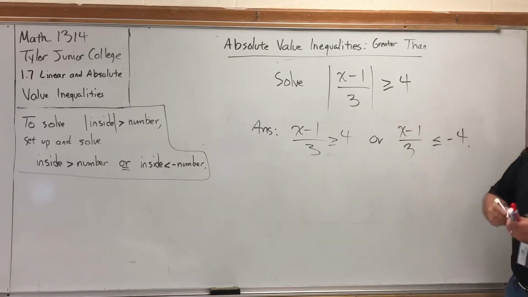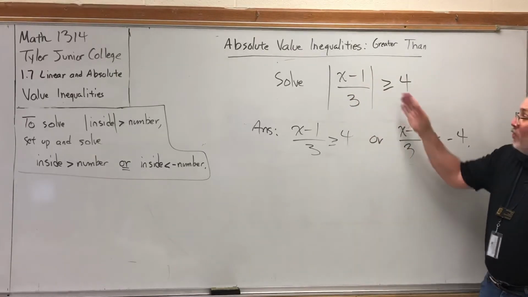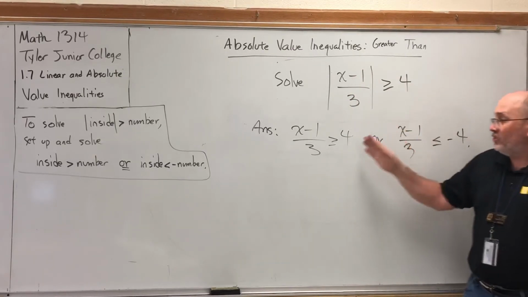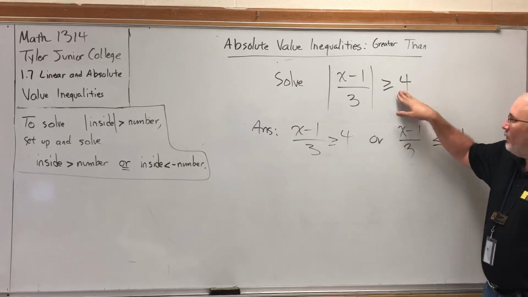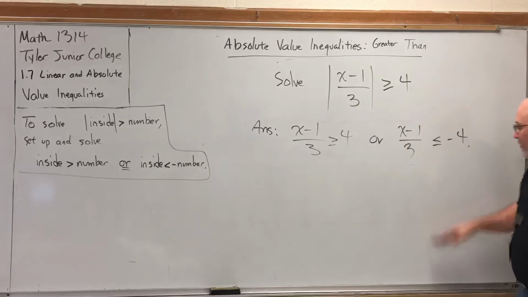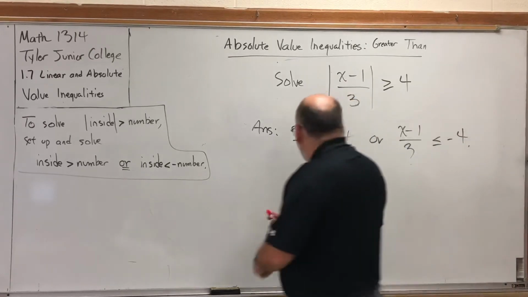Again, the visual is, this is saying that this fraction is either more than 4 spaces to the right, so to the right of 4, greater than 4, or more than 4 spaces to the left, so less than or equal to negative 4. And now we just solve both.